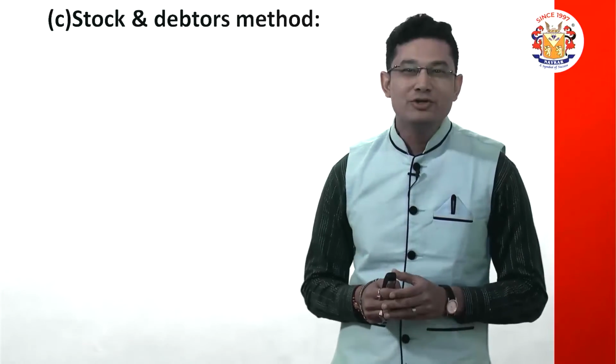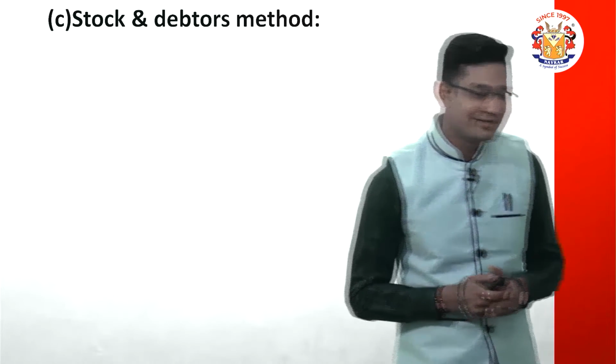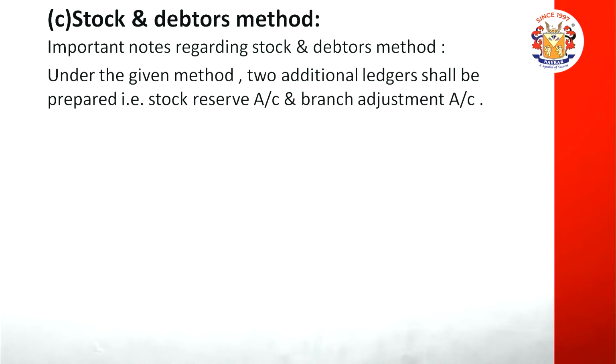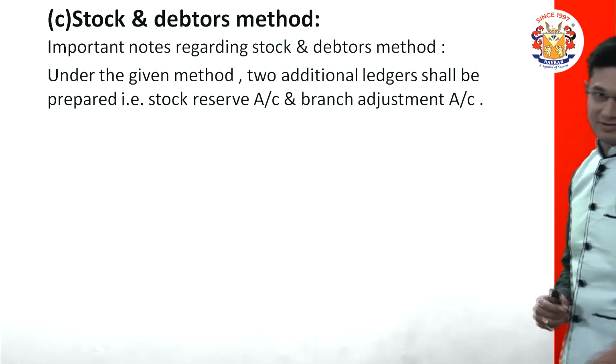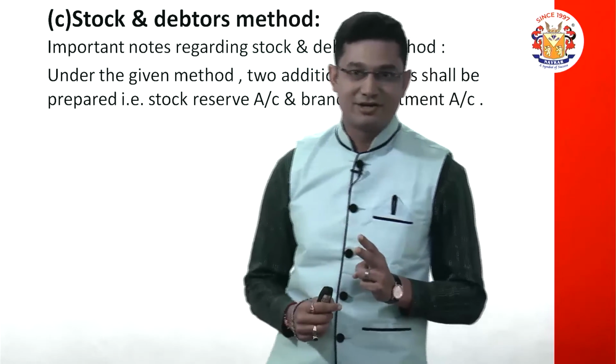Now I am going to talk about stock and debtors method. In case of stock and debtors method, important notes. Okay, in the given method, we will prepare two additional ledgers.